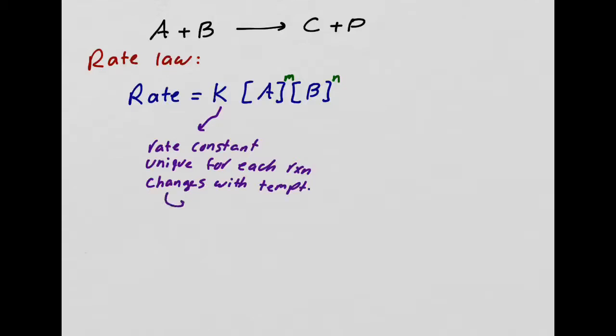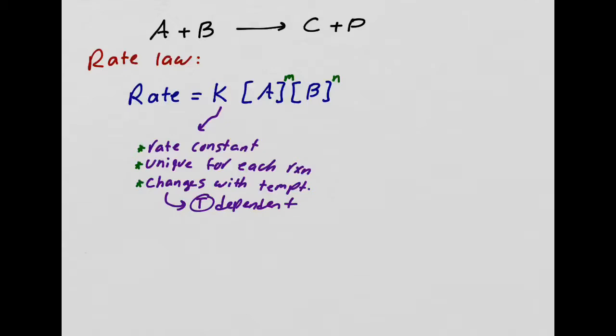So what that means is it's temperature dependent, T dependent. So far so good. So K is a rate constant, unique for each reaction. Each reaction is going to have a rate constant. And K only depends on temperature.